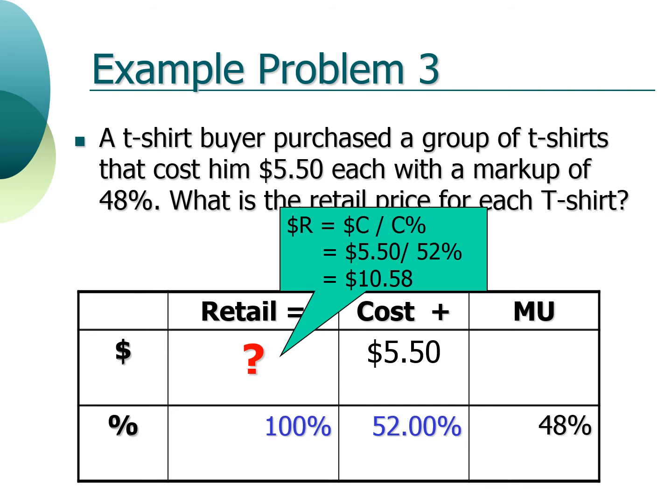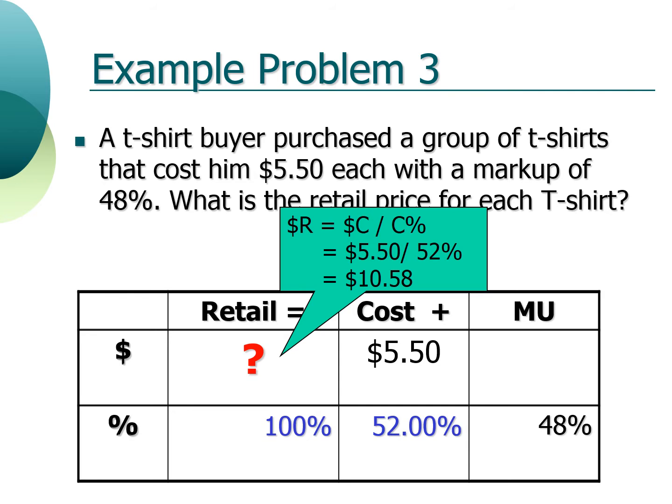Again, I hope that you remember that retail is always 100%. So that makes the cost 52% because markup was 48%. Cost plus markup should be 100%. So cost is 100% minus 48% markup. That is 52%. So that gives us the case where the cost dollar is $5.50 and the cost percent is 52%.